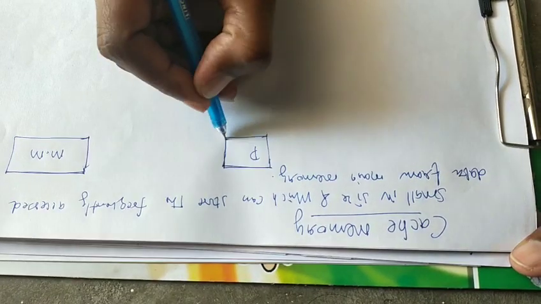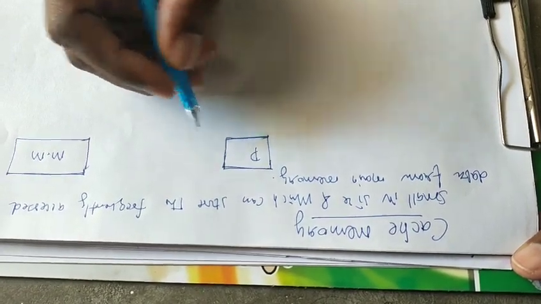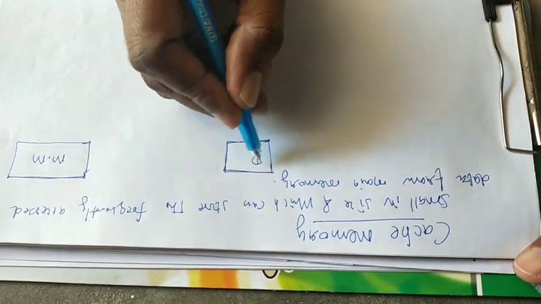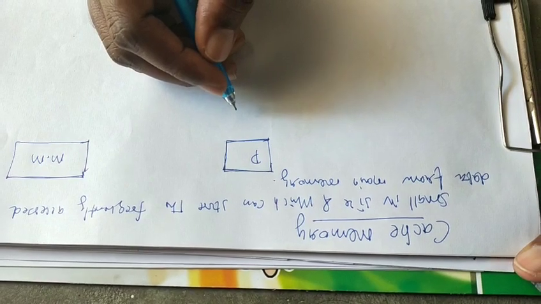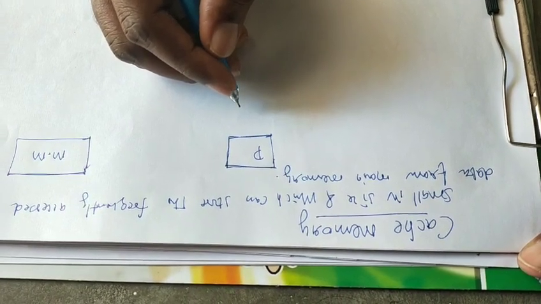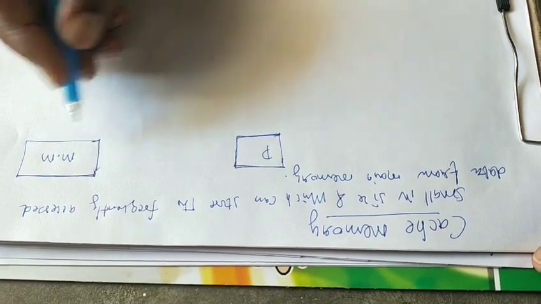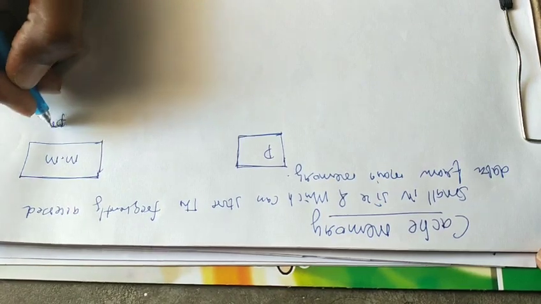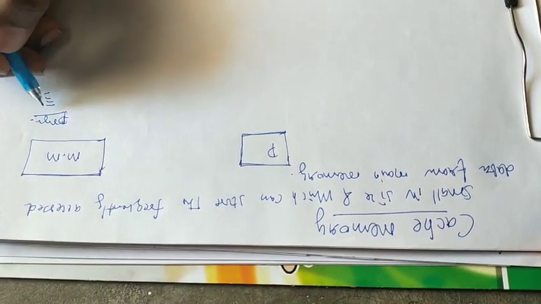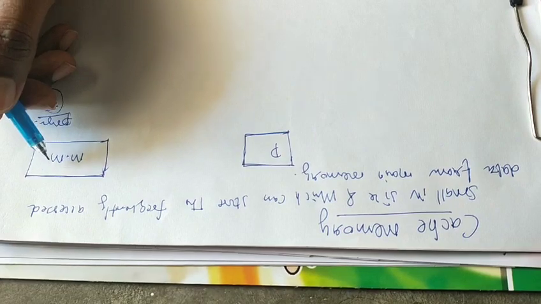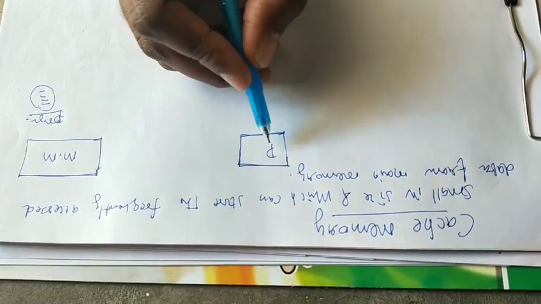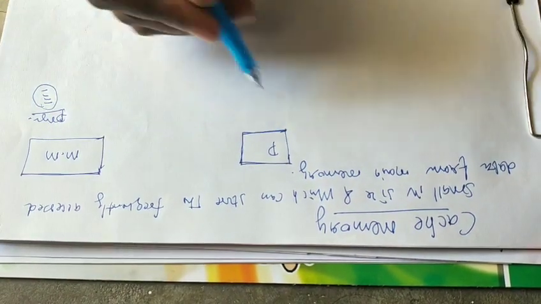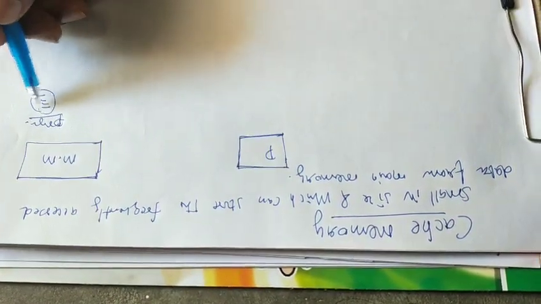The main use of the processor is to fetch the instructions one by one from main memory and execute them. Suppose we have a program, which consists of a set of instructions stored in main memory. The processor fetches one instruction and executes it, then fetches the next instruction, and in that manner executes the program line by line.